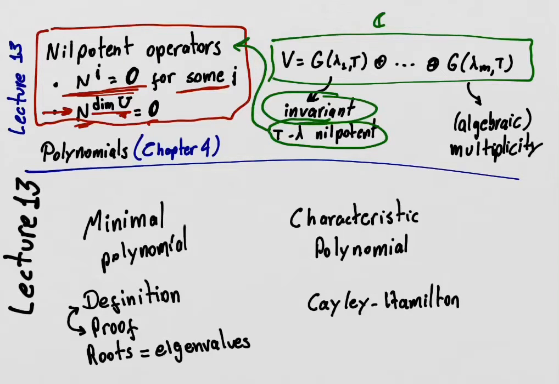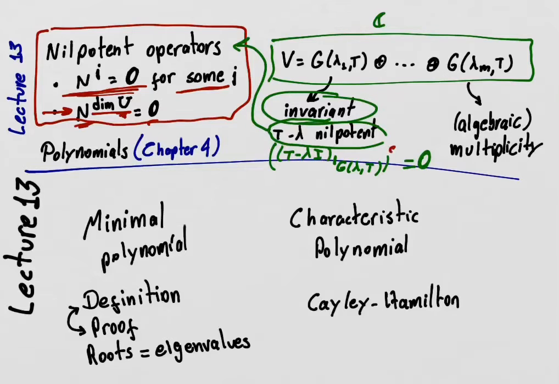So not only is T minus lambda I restricted to that generalized eigenspace zero when raised to the power n, but actually we don't need to raise it to the power n. We can raise it to something smaller.